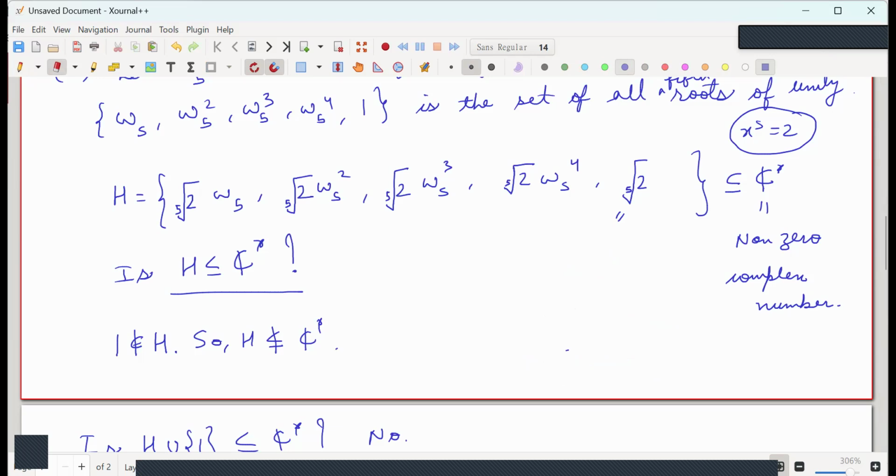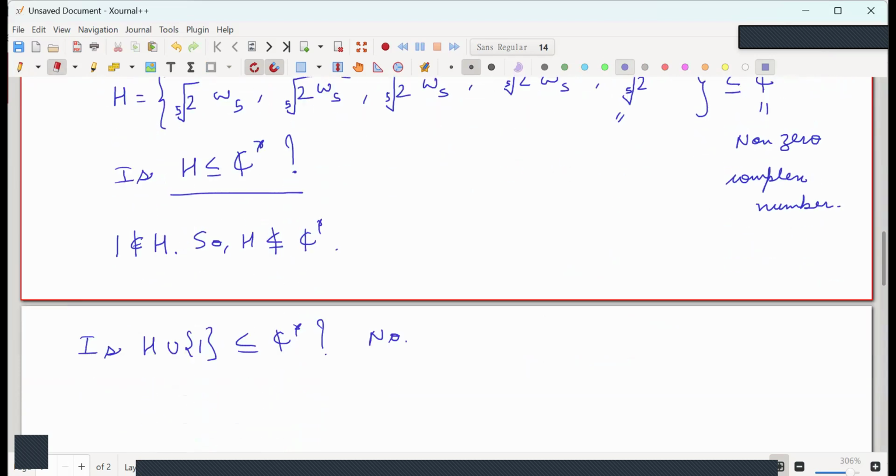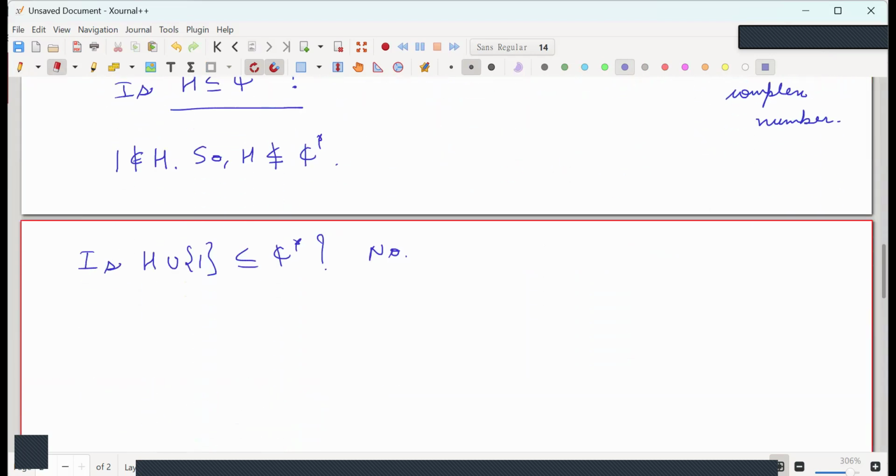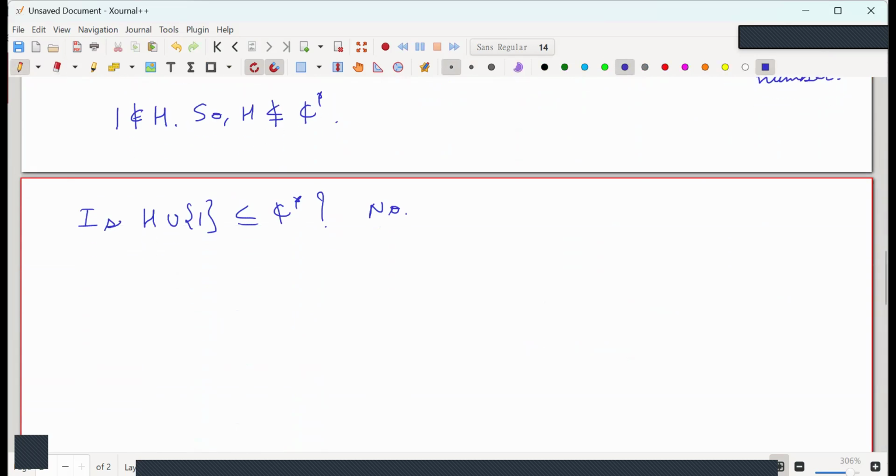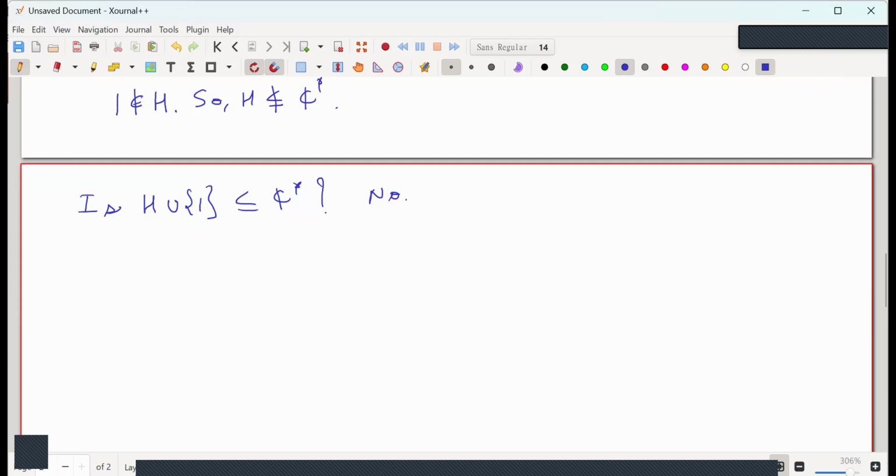It is not even closed under multiplication, and if it is not closed, there is no point in asking about inverse, because for inverse also you need to check the closure. But you are right, inverse won't be there. So it is still not a subgroup of C star.